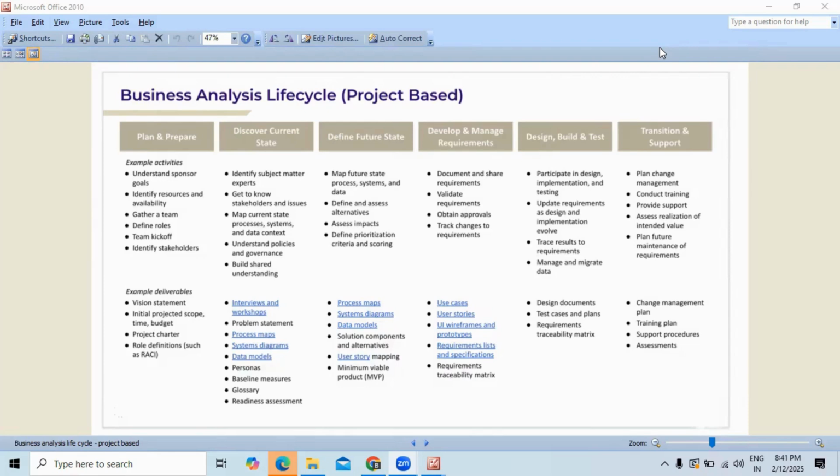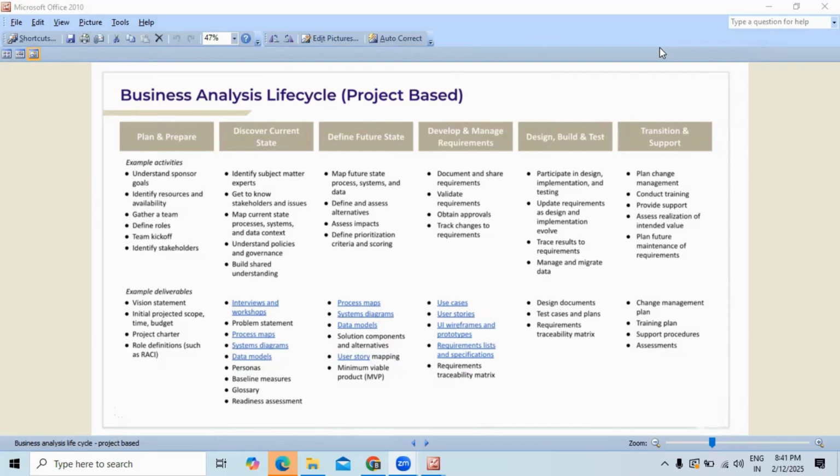Project sponsors means people who are sponsoring the project. Do remember, again, a sponsor need not be the customer, client, or company, because in a company which is larger in size, sponsor means people who are sponsoring a particular solution. As a business analyst, when we are planning and preparing, we need to understand the sponsor goals.